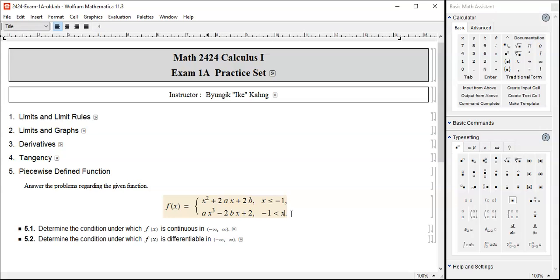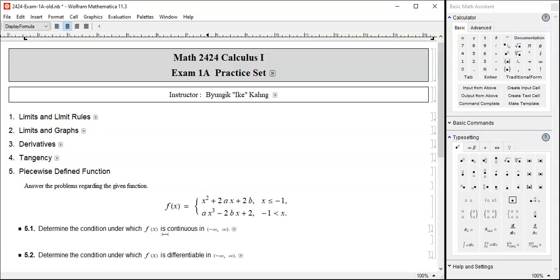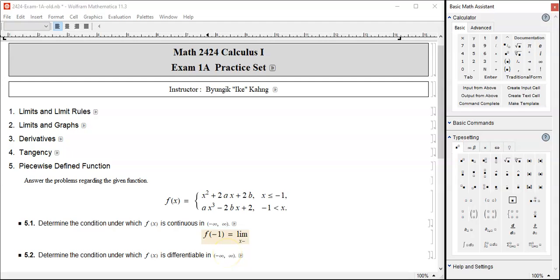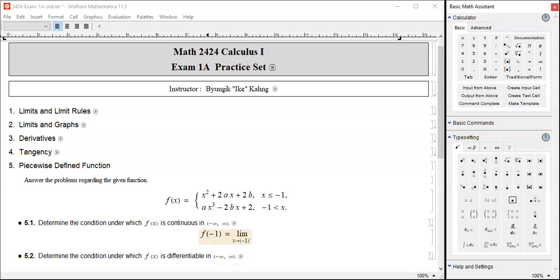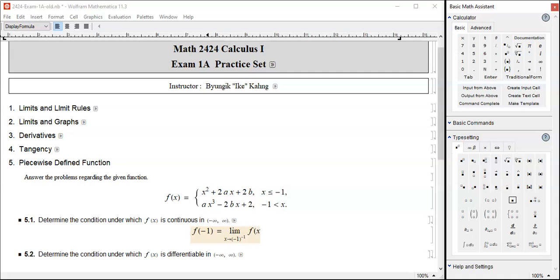Okay, how about the continuity? You simply plug in x equal to -1 to this one and that one, and they have to be the same. Basically, we have this f of -1 equals to, and the left-hand side limit, and also the right-hand side limit.